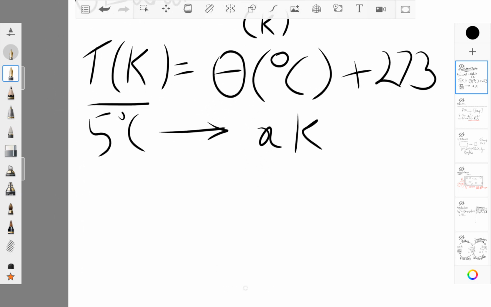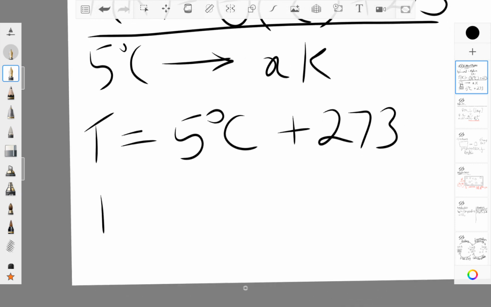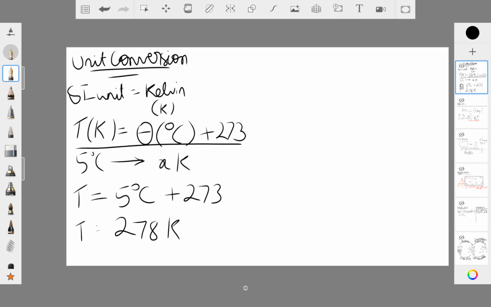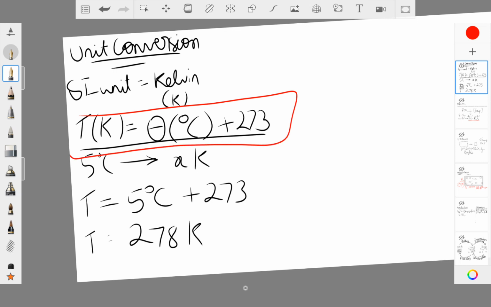You could obviously use this formula, and you can just rearrange it to be T, which is your Kelvin, equals 5 degrees Celsius plus 273. So 5 degrees Celsius is 278 Kelvin. And yeah, that's all there is to it. You just need to basically keep this formula in mind. This is the most important thing that you should take away from this section of the video.